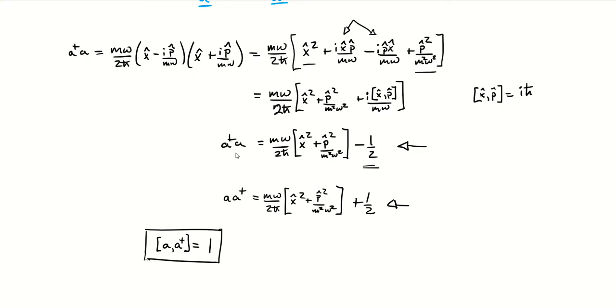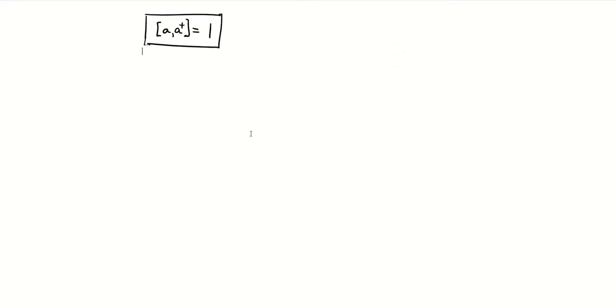They have a commutation relation equal to 1. Another thing that we can do is look at how these things commute with the Hamiltonian. As we just figured out, the Hamiltonian can be written as h bar omega A dagger A plus 1/2.